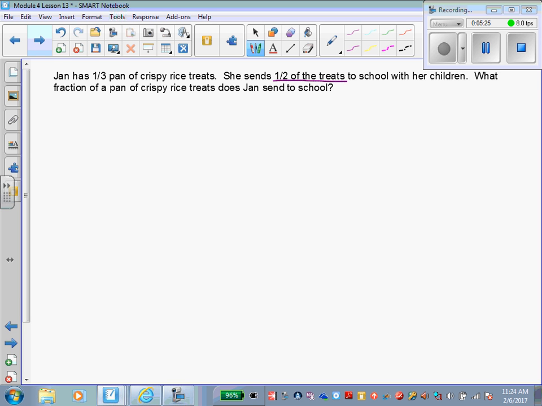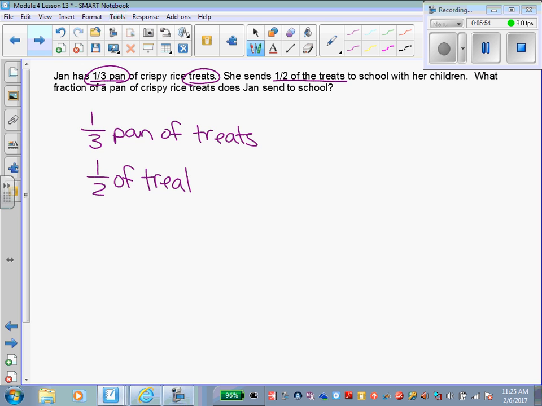How did you know that the treats was equal to 1/3? Because she said it's 1/3 pan. So in the beginning part of our problem, we have 1/3 pan of treats. And then it says that she sent half of the treats to school.